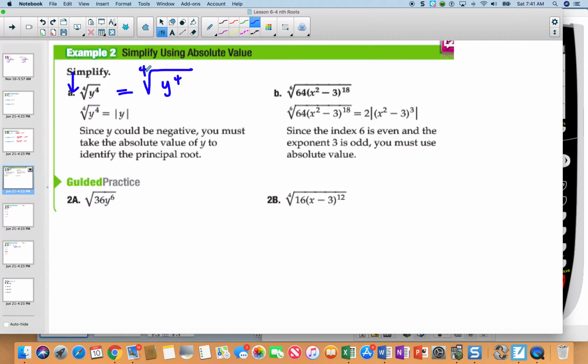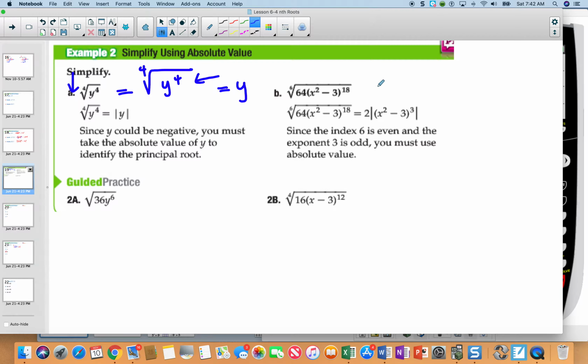Now a fourth root and a fourth power are going to undo each other. And some students would like to just write the answer y. Unfortunately, we have to guarantee we're going to get a positive answer. And y may have been negative when we first put it in. So we must provide the absolute value sign to ensure that what we wanted in the beginning, a positive number, is what we're going to get here.